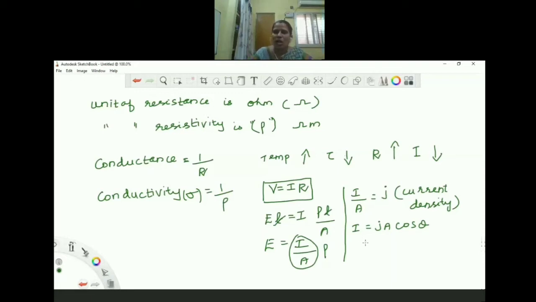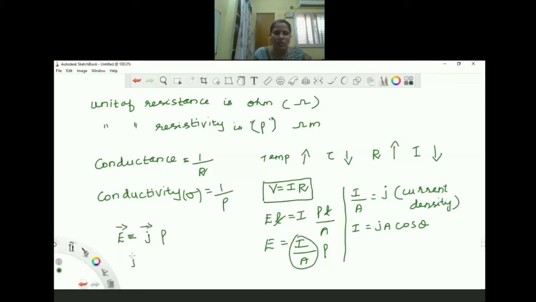Now I substitute J for this I by A. So E is equal to J into rho, and these two are vector quantities.